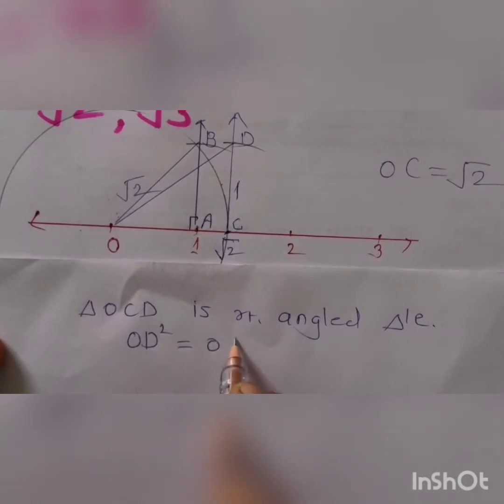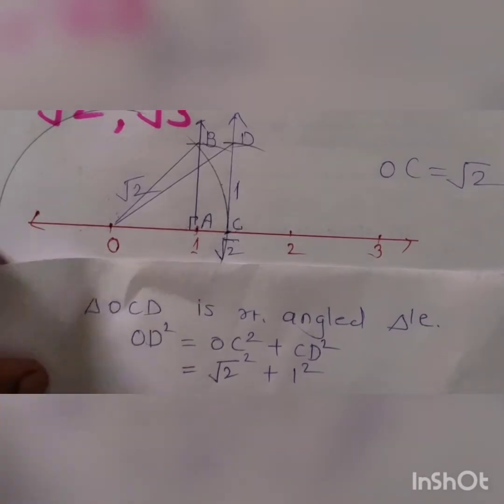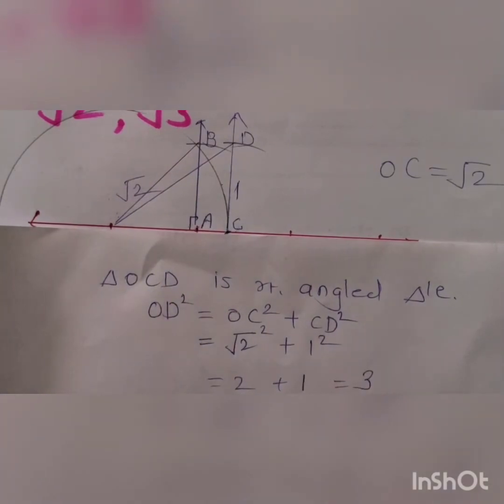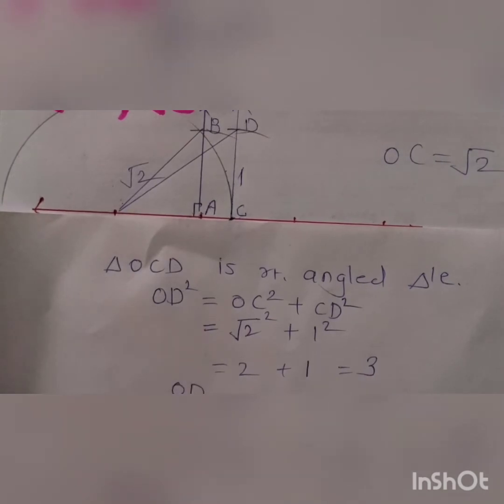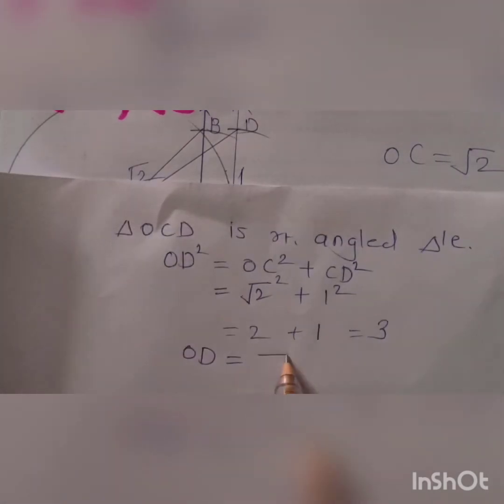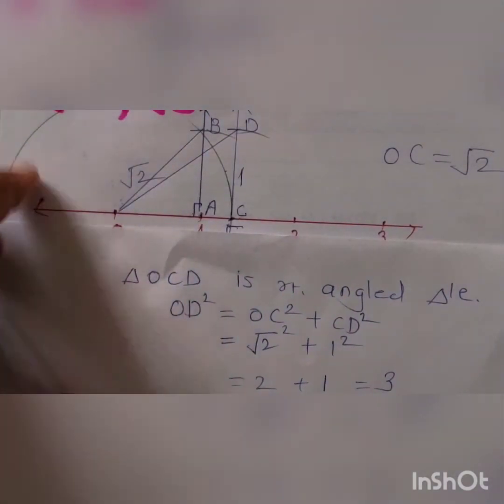OD square is equal to OC square plus CD square. OC square means root 2 square plus CD means 1 square. Root 2 square is 2 and 1 square is 1, that we will get 3 here. Means taking square root, OD is equal to root 3. Means this distance OD represents root 3 here.